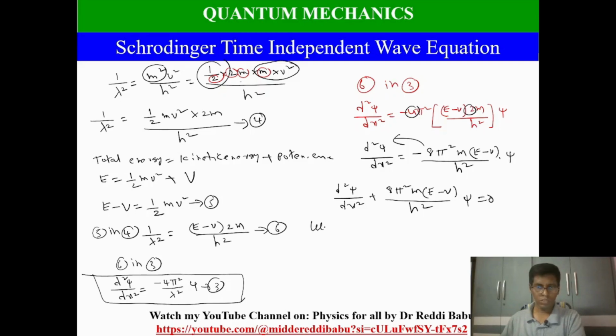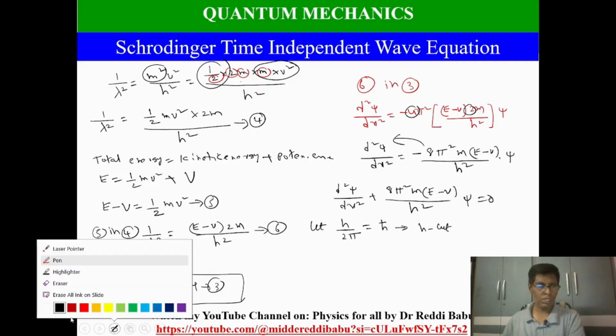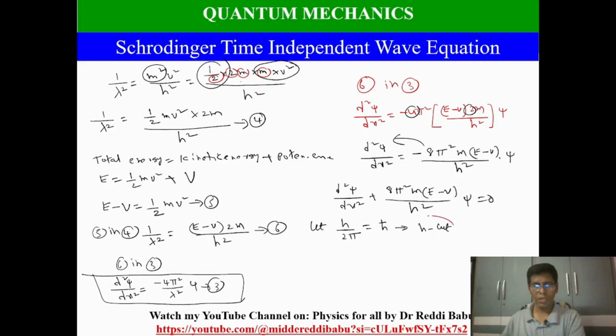Now a very important step. In the above equation, let h divided by 2 pi be written using another expression. This is called h cut. People are confused here. Wherever h divided by 2 pi appears, I am using h cut.